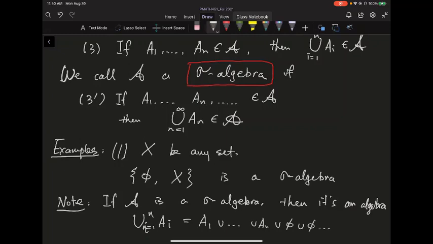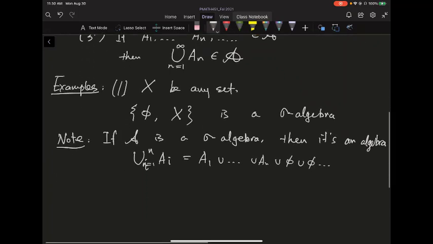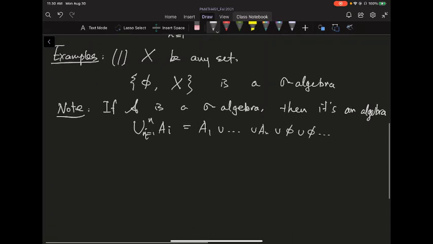So apparently a sigma algebra is also an algebra. So we have a smallest sigma algebra just containing two subsets, the empty set and the entire set. It's not going to be a very interesting one because we're basically saying the only things we can measure are these two sets. Nothing else is measurable.